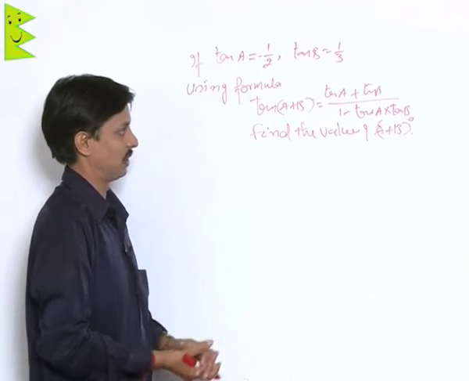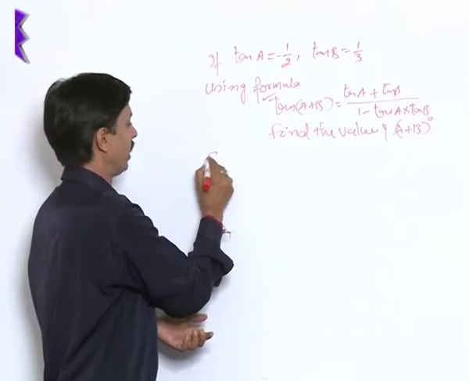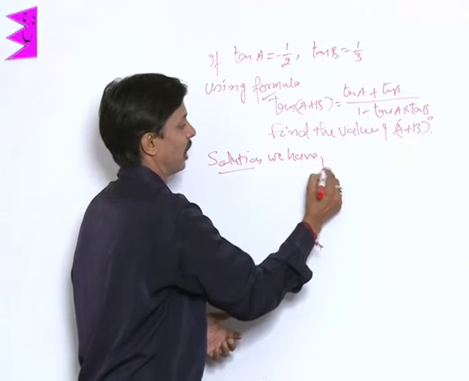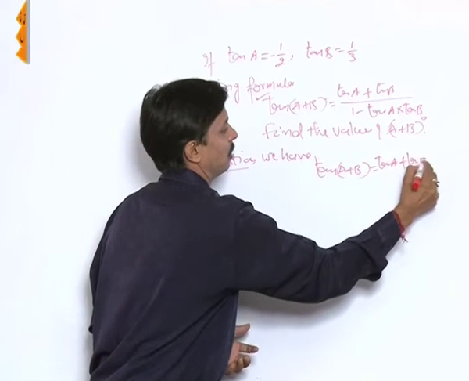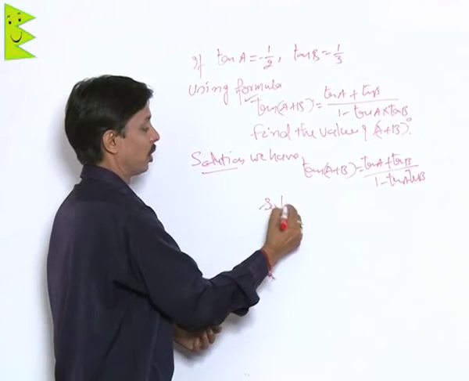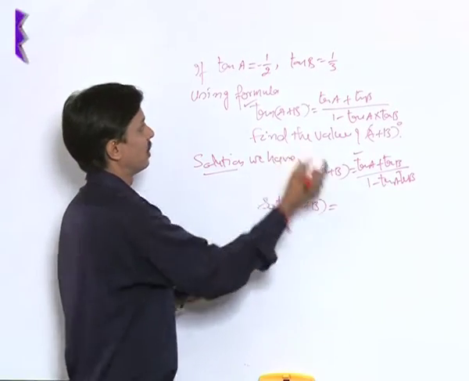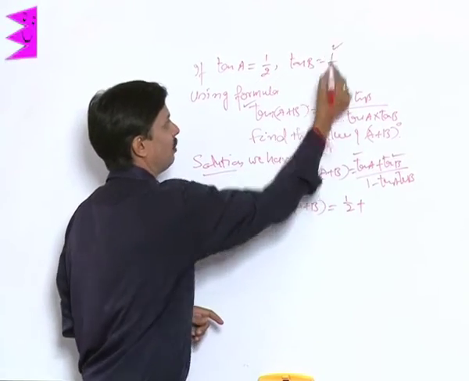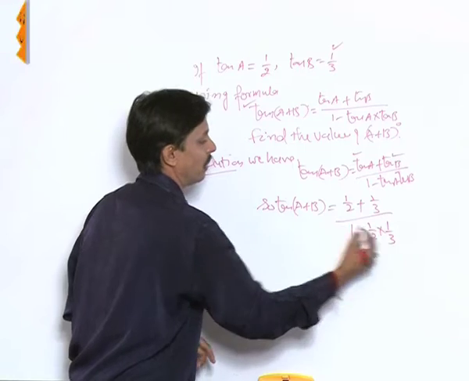How much is A plus B? First of all, we will use this result for calculating the solution. We have tan of A plus B equals tan A plus tan B upon 1 minus tan A into tan B. So tan of A plus B equals tan A, which is 1 by 2, plus tan B, which we write as 1 by 3, upon 1 minus 1 by 2 into 1 by 3.